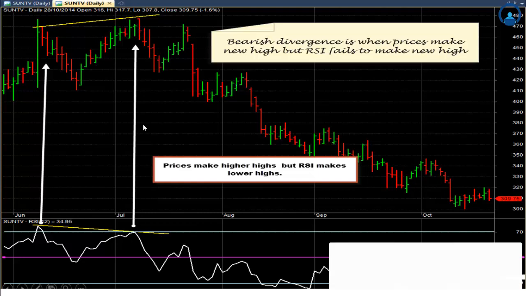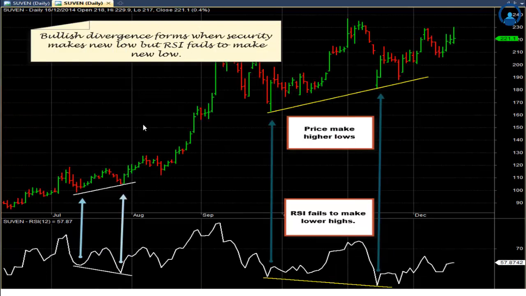Next is a daily chart of 7. In this chart, you can see there are two divergences. The first one is a bullish divergence where prices make a higher bottom but RSI makes a lower bottom. Thus prices and RSI disagree.